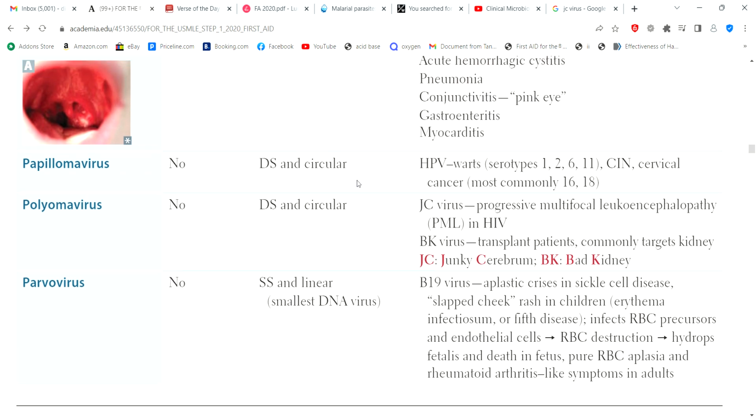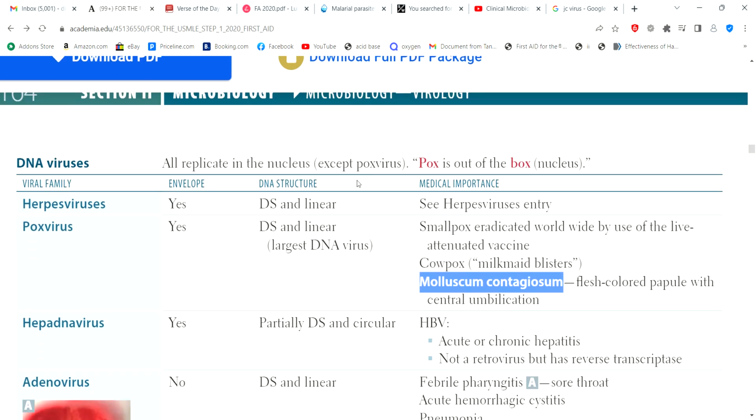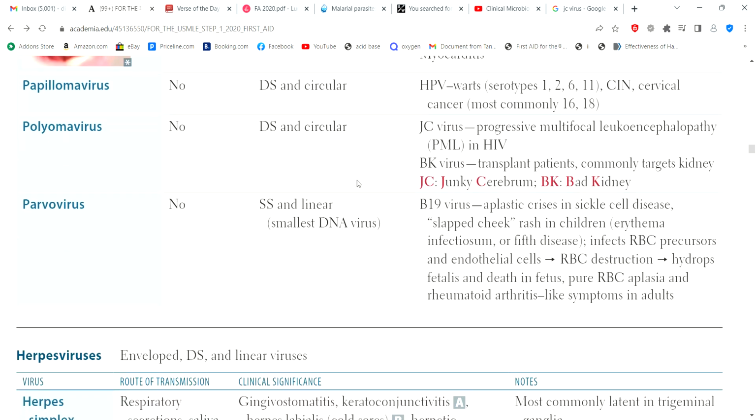Smallest DNA virus. What is the largest DNA virus? It's the pox virus. Okay. So parvovirus causes B19 virus, which is aplastic crisis in sickle cell disease. You get a slapped cheek rash in children, erythema infectiosum.